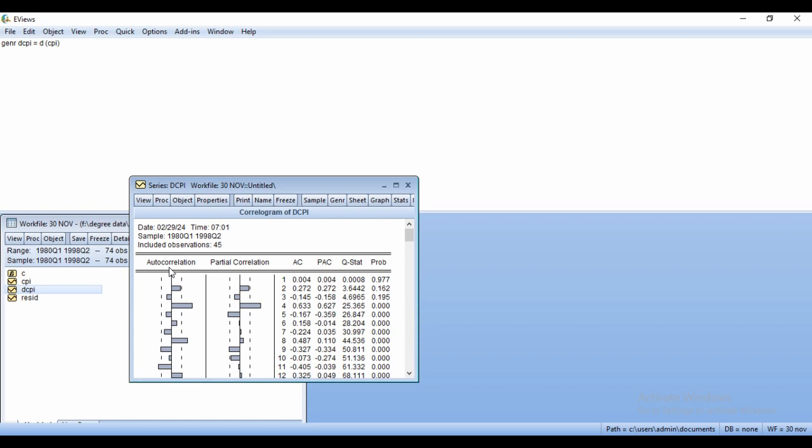So autocorrelation factor and partial correlation factor, based on these we will estimate our equation.